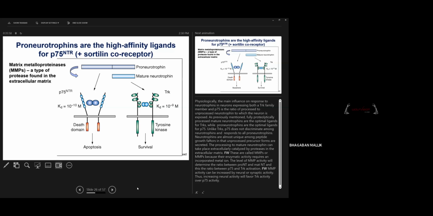Okay, so when the cell wants to kill itself, it induces this mechanism, apoptosis by the pro-neurotrophin receptor P75NTR. That is how you can regulate the activity, survival or growth of the neurons.